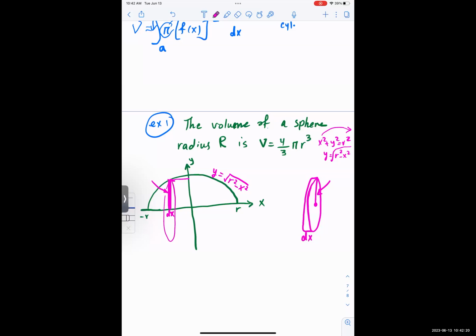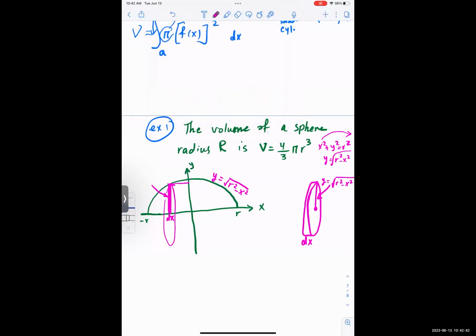Okay, so now the radius of my cylinder is corresponding to radical r squared minus x squared. Or my f of x is that, or my y is that.